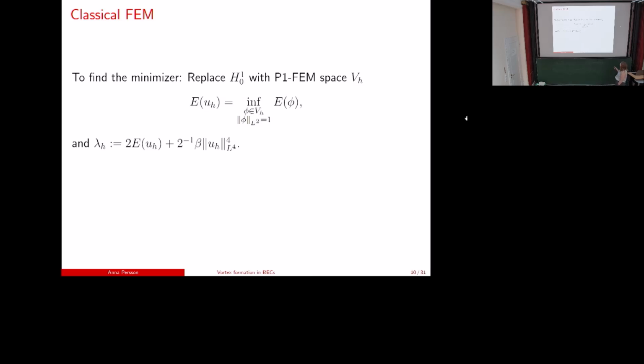The h here is connected to some mesh. And yes, you can retrieve the same eigenvalue by using your approximation u_h. And now it's possible to prove an H1 bound for this. And it's sort of what you would expect. You have the h, and it depends on the H2 norm of u.